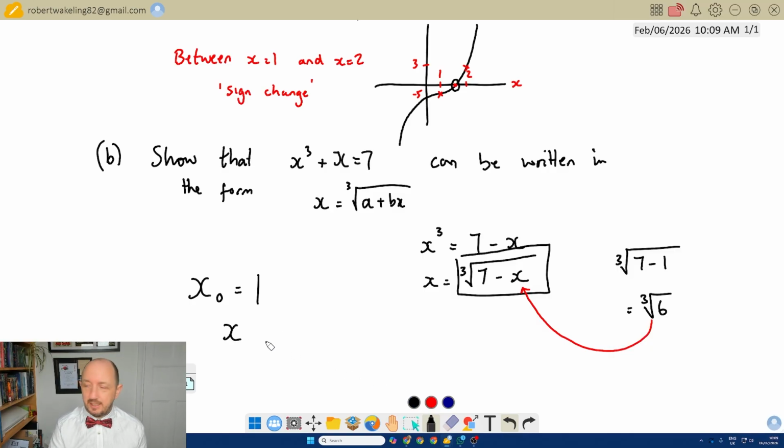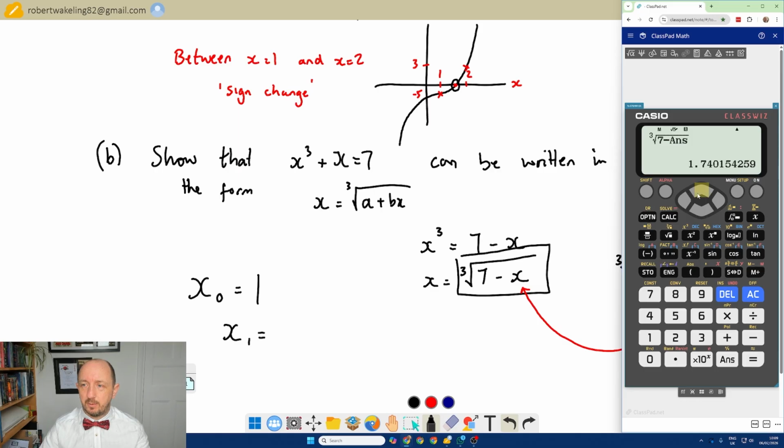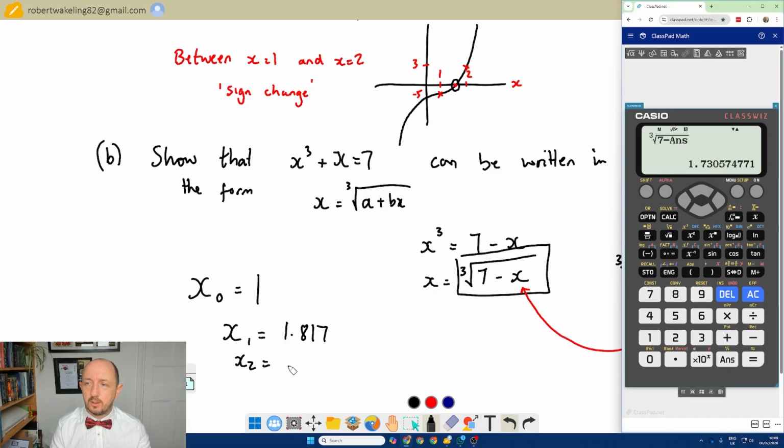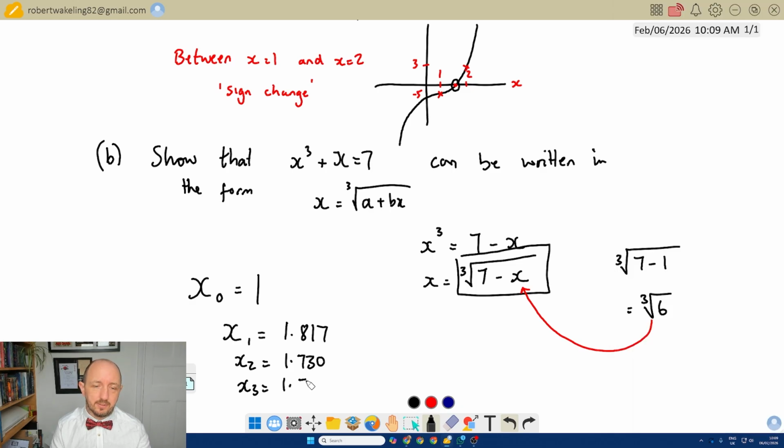So we write this as x1, which was my first one, 1.817. x2 was 1.730. And x3, 1.740, like that.